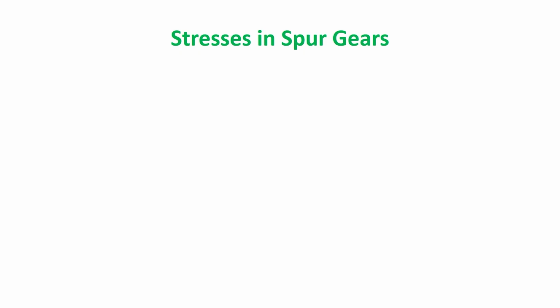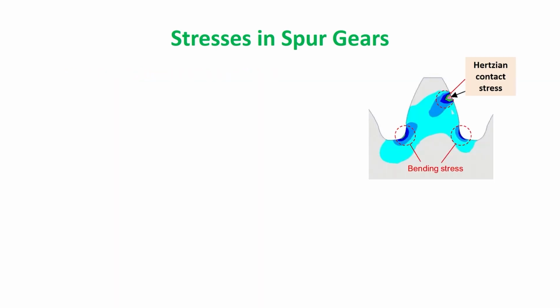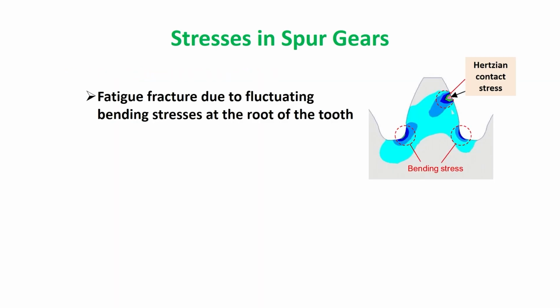Now, the stresses in the spur gears: what type of stresses act on a spur gear when power is transmitted from one gear to another gear? There are two modes of failure. In the figure, those two modes are shown. The first one is fatigue fracture due to bending stress.